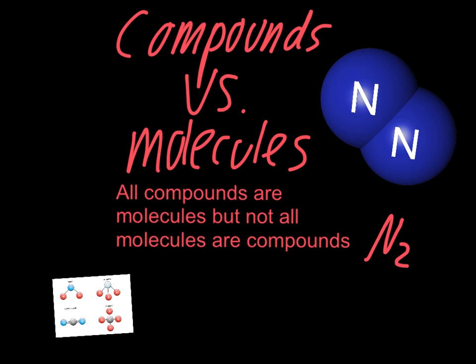So it's 2 nitrogen atoms bonded together, and they have that triple bond in between them, which makes them really stable. But that would be a molecule, but it's technically not a compound because they're both the same element. Something like water, though, H2O, that would be a good example of a compound because now we have 2 different elements that are involved there.